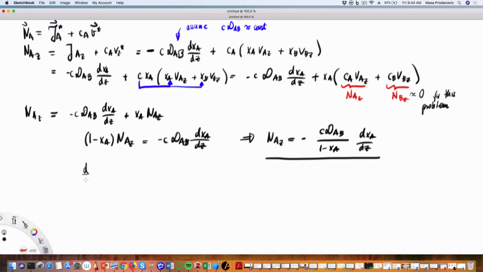So my d/dZ of NAZ is d/dZ of this minus sign C DAB over 1 minus XA dXA/dZ, and that is equal to 0.